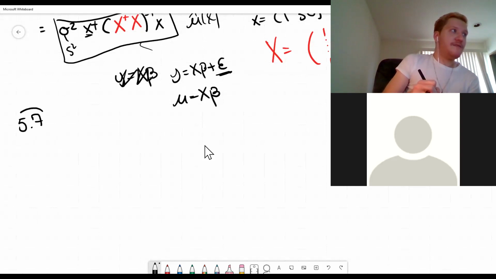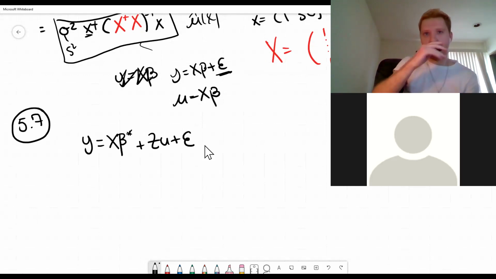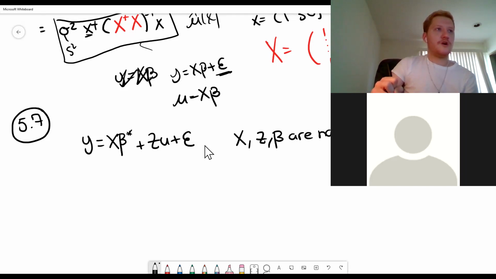So 5.7. We have a little bit of a different situation here, where y is equal to x beta star plus zu plus epsilon. We're saying that x, z, and beta star are non-random. They have all dimensions, but I'm not going to deal with those right now.